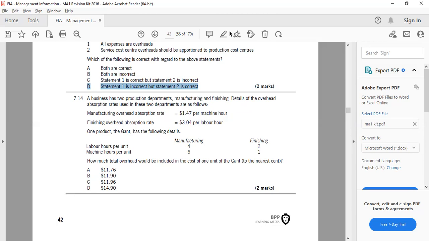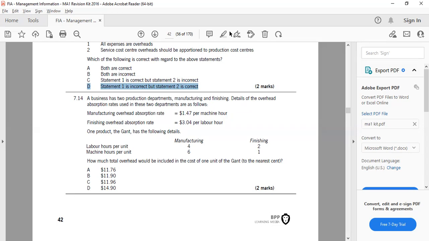First of all, since we are dealing with manufacturing overhead absorption rate, we are going to choose machine hours per unit in manufacturing, since we are using a machine.